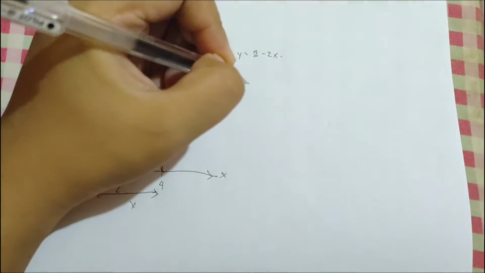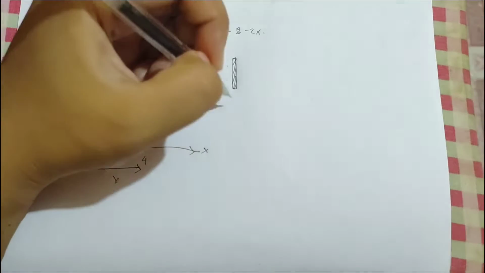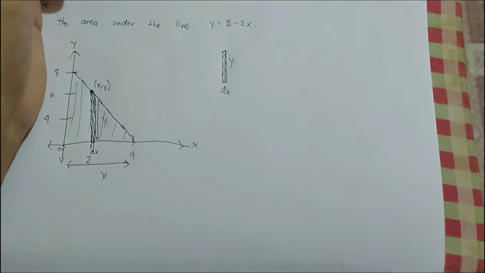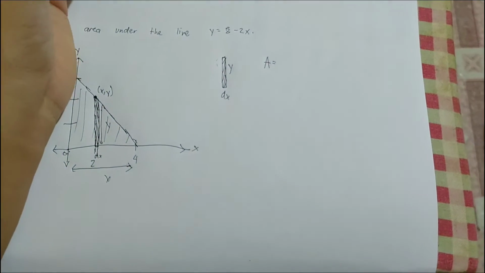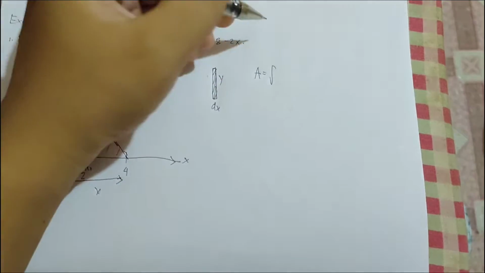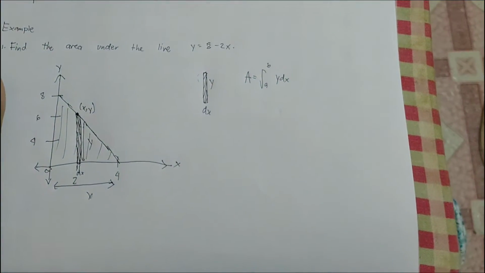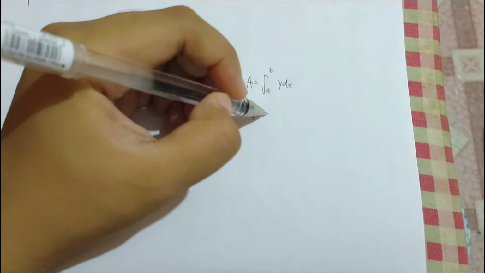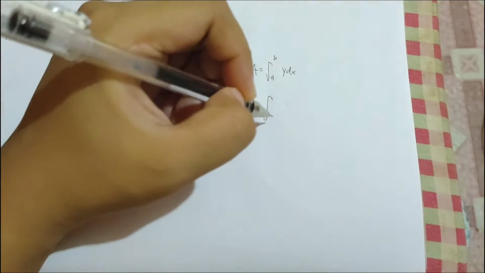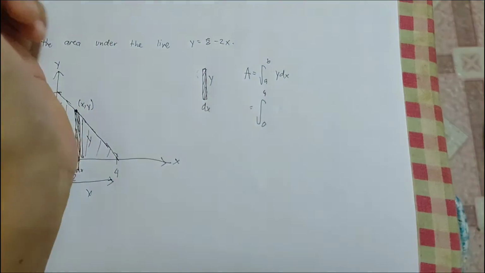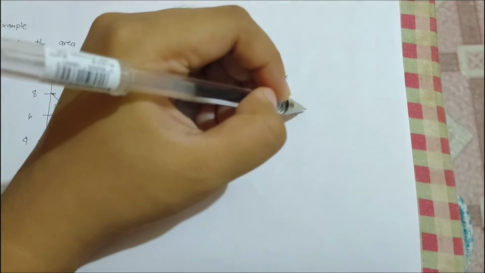To solve it, we extract our vertical strip, our dx and then our y. To solve the problem, we will use the formula y dx. Our limit here is 0 to 4. And then our y, which is 8 minus 2x, dx.